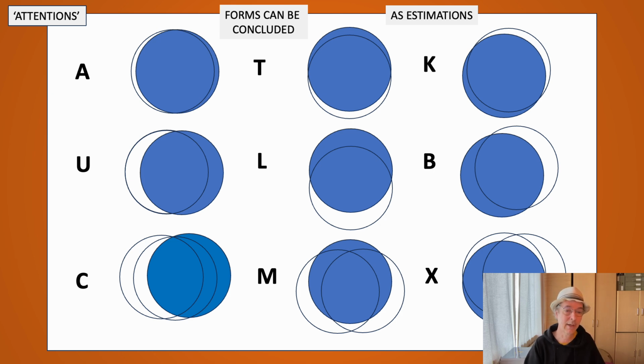C, M, and X, you see already more complexity, because you have more variety that comes out there. With C, you will also make a selection from the variety. With the M, you will get a formation of some variety.